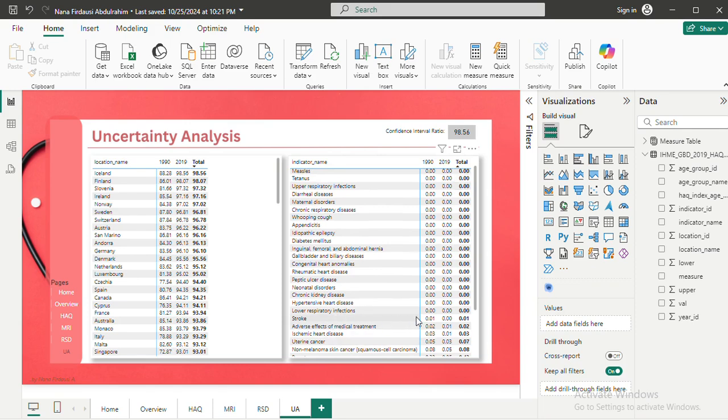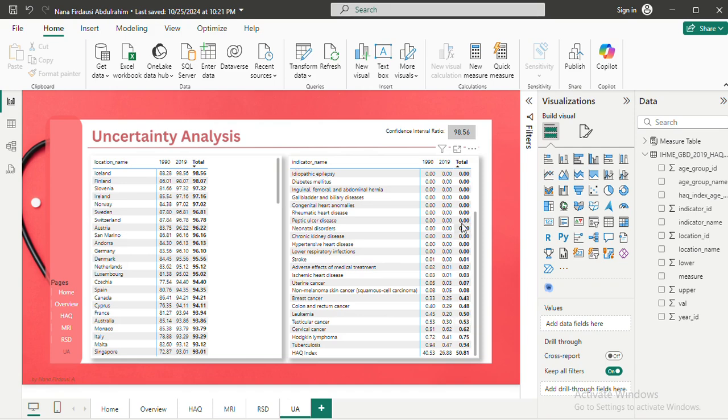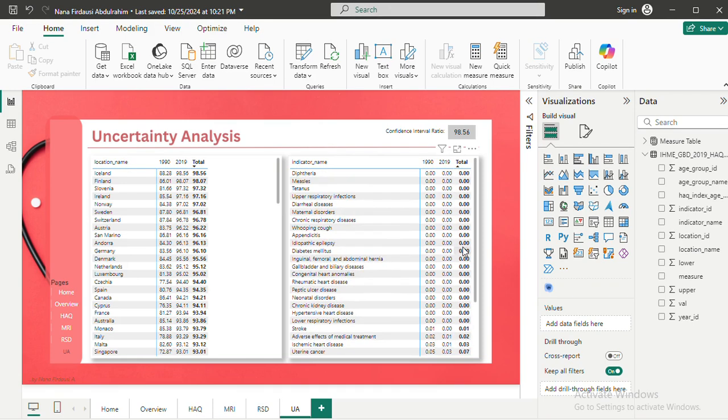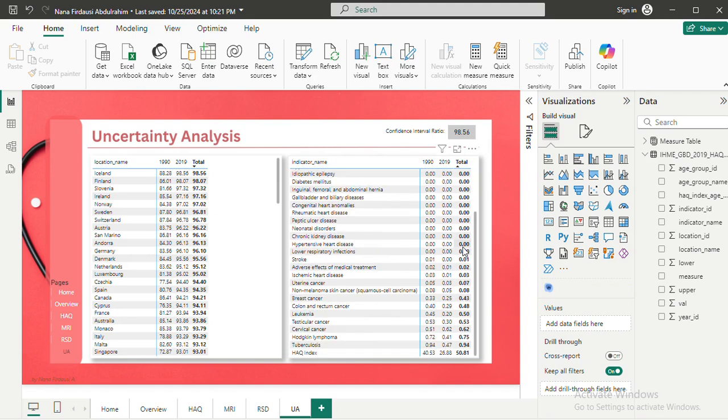And then down to here, stroke. Data sets collected on stroke are also reliable. So the lower the value of the confidence interval, the higher the reliability of the data, and the higher the value of the confidence interval, the lower the reliability of the data.